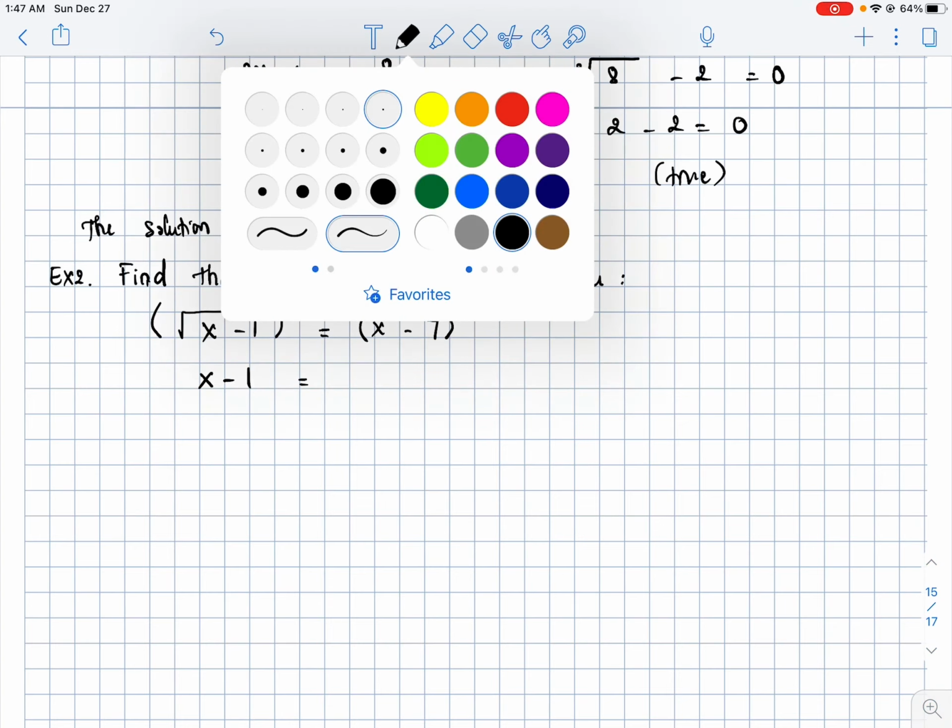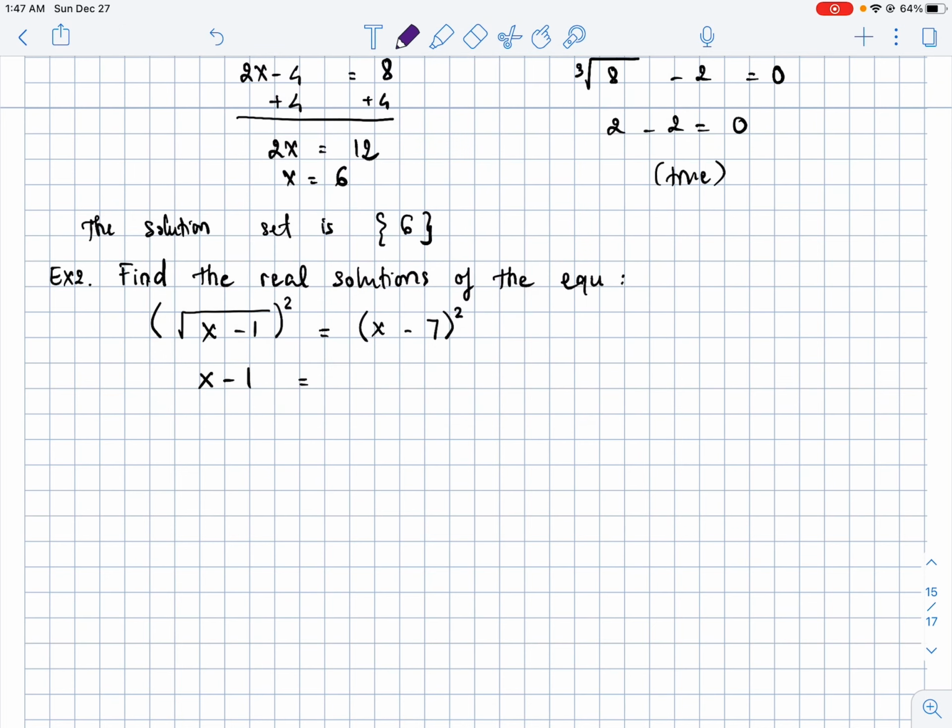If we remember the special product formula in algebra, a squared minus 2ab plus b squared is the formula for a minus b squared. Then we will get x squared minus 14x plus 49.